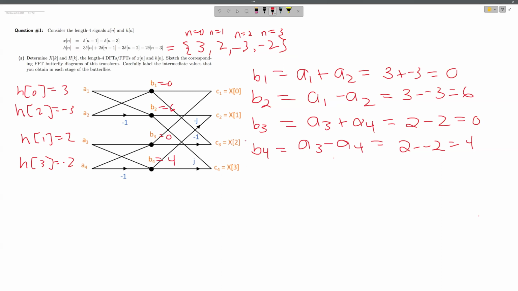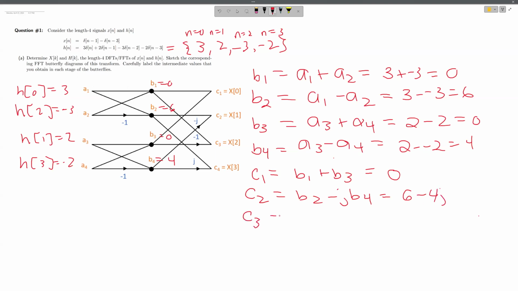Now to calculate C1, C2, C3, C4: C1 equals the contributions from B1 and B3, so B1 plus B3 is 0 plus 0, equals 0. C2 is equal to this term going across, so B2 minus J times B4 equals 6 minus 4J.